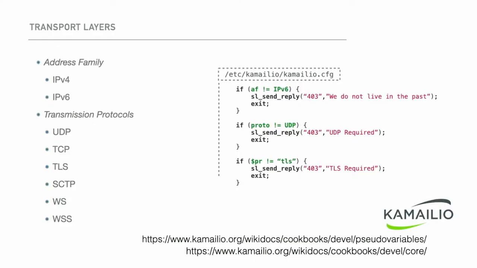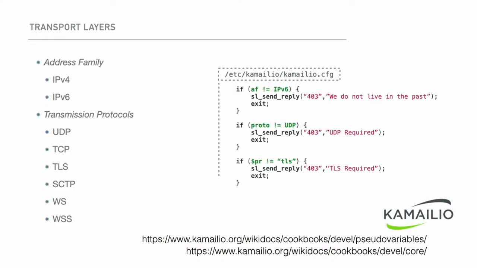So again, summary: we have a lot of options and you can combine them. We have the address families, both IPv4 and IPv6 for a very long time. And then the main transmission protocols for SIP. I could delete SCTP because I'm not sure if anyone considers that as really used, maybe some carriers in their core network.